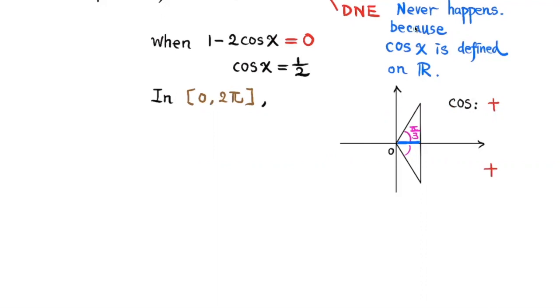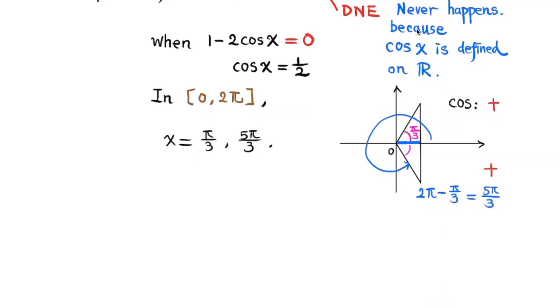So one of the angles will be this angle, pi over 3. Another angle will be this angle that ended over here, which is going to be 2 pi minus pi over 3. That's equal to 5 pi over 3.